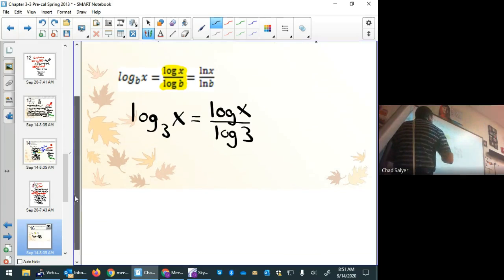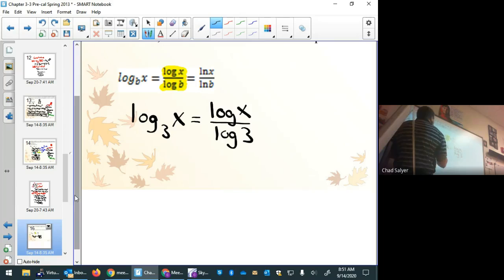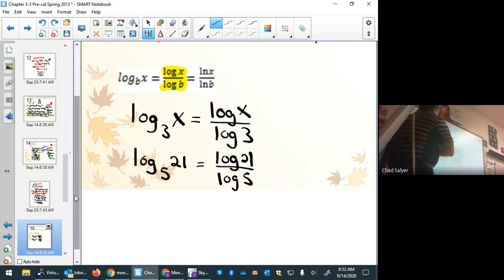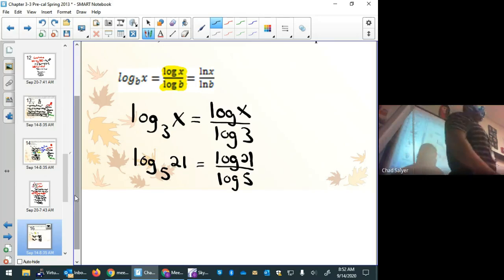And if I wanted to graph this, I would punch this into the y equals screen. If I wanted to find log base 5 of 21, that would be the common log of 21 over the common log of 5. So any logarithmic expression can be written in terms of the common log or the natural log. I just use the common log, but it doesn't matter which of those you choose.